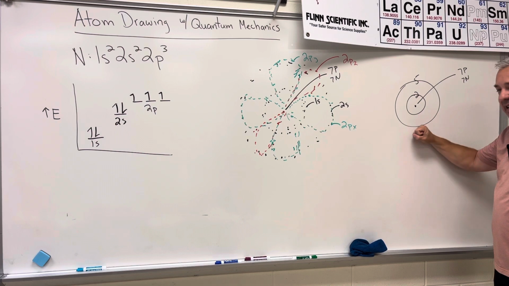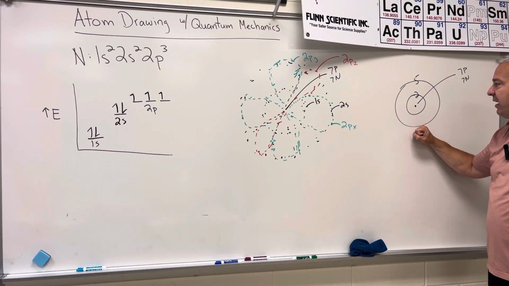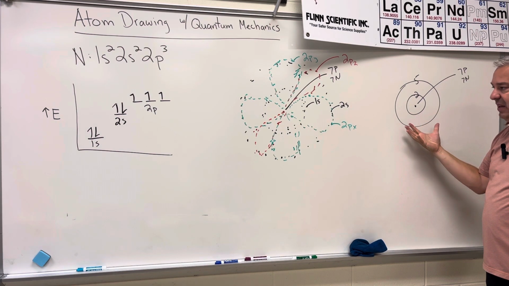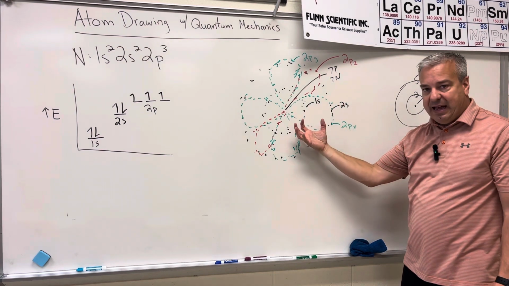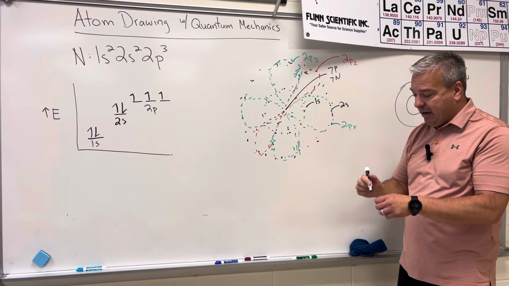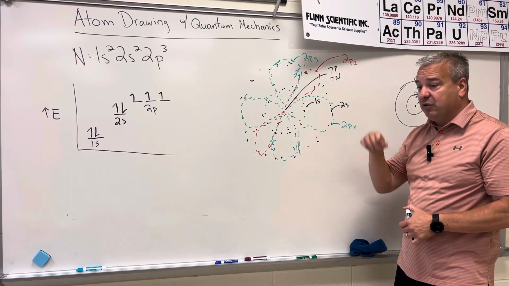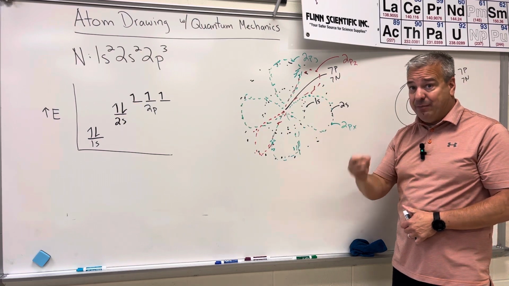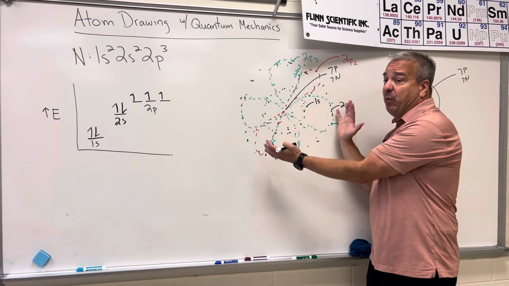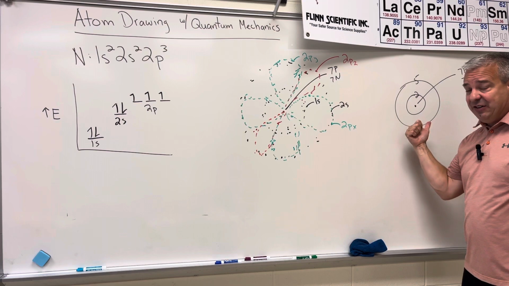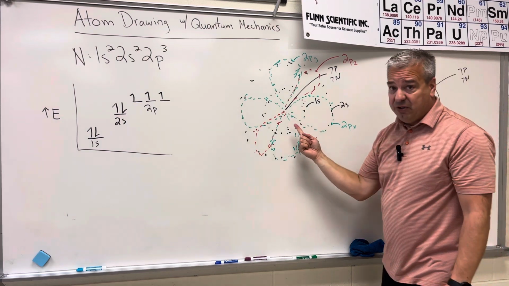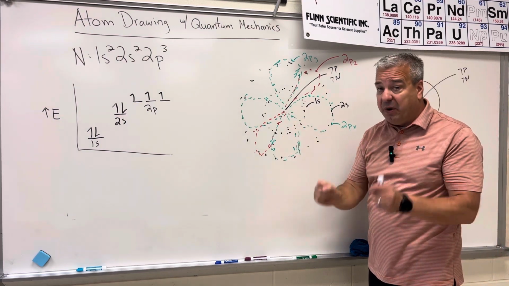It's easier to do bonding and other concepts because we can see the number of electrons on each of these shells, and we don't see that with the quantum mechanical model. But as far as a real picture of what an atom truly looks like, it's more like this than this. So this is easier to teach with, but this is more descriptive of what an atom really looks like.